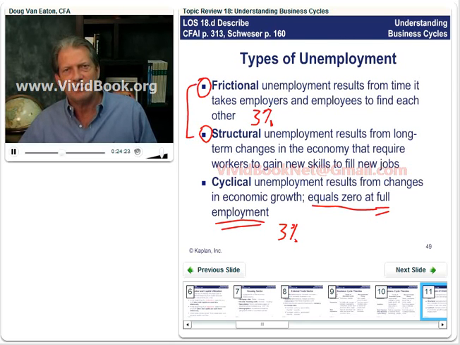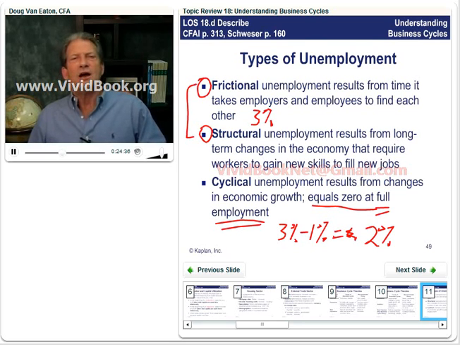And if cyclical unemployment was over full employment, 1%, we'd see the actual unemployment rate at, I almost wrote a 5, at 2%. Okay. So cyclical unemployment, positive or negative, at full employment it's zero. Frictional and structural unemployment, always with us, even at what we call full employment.